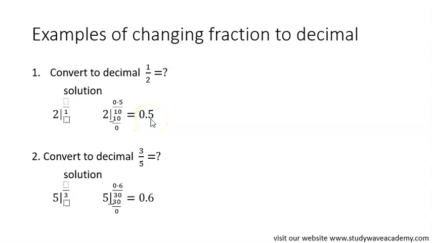Do we understand that? Next example, convert to decimal 3/5. Remember, this is a fraction, so we have to convert it to decimal. So 5 is to divide 3. We are using the long division method. Can 5 go into 3? It's not possible. So we add 0 up and put a point sign.